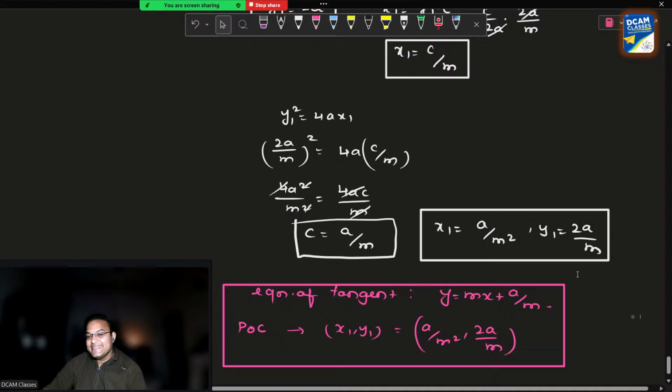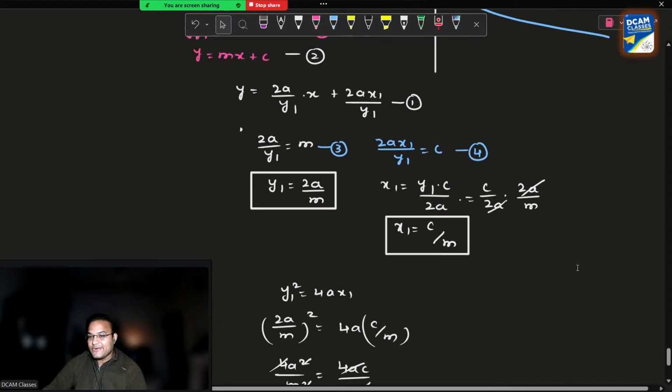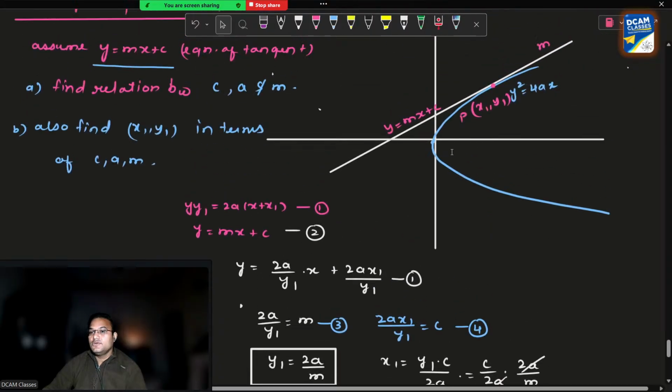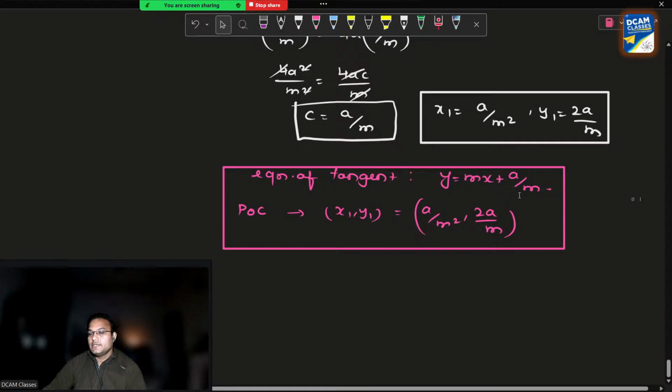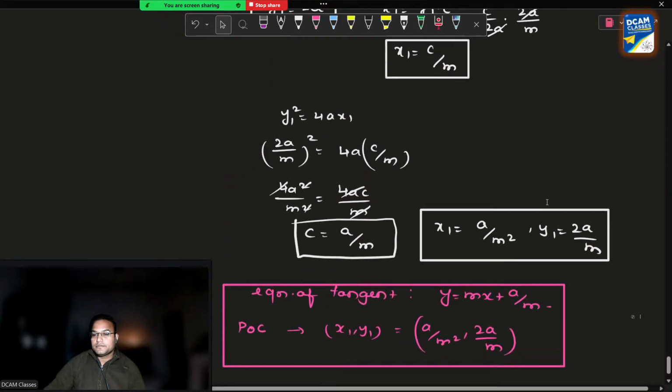This was not easy actually to solve, but I want you to learn how we get it, because you will be using the same thing to get the equation of tangent in terms of slope for the ellipse as well as for the hyperbola. Remember this method.